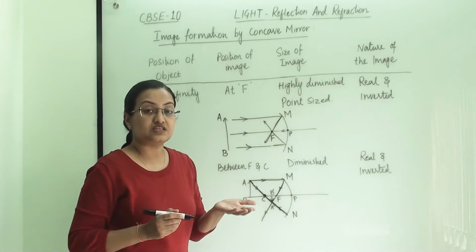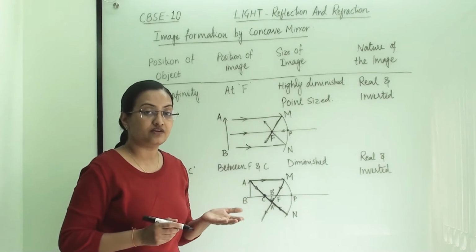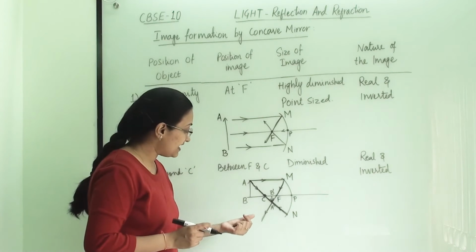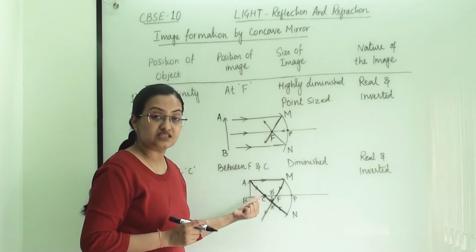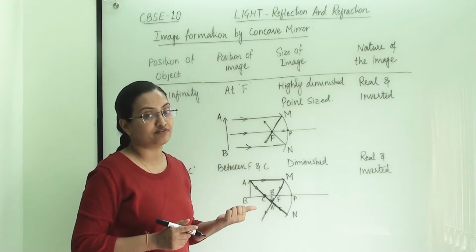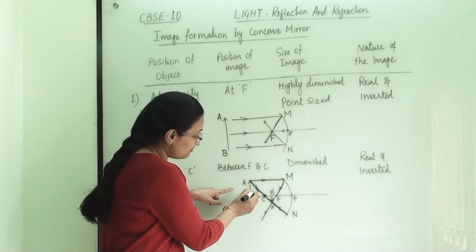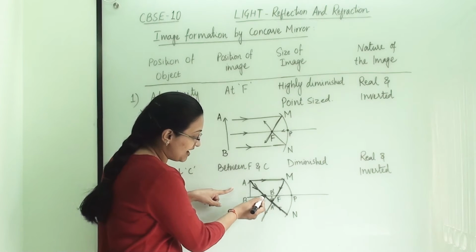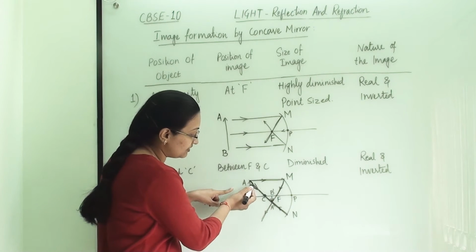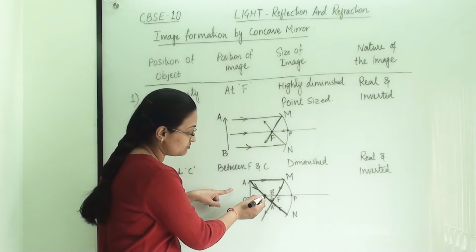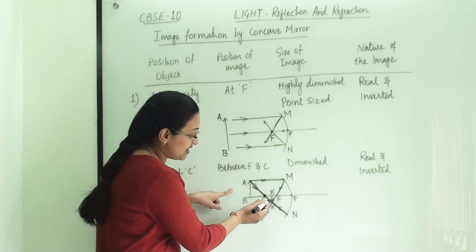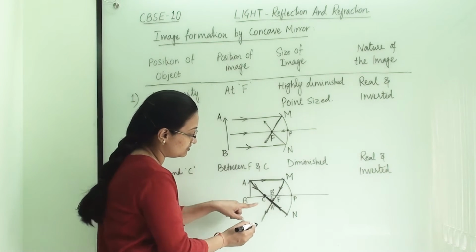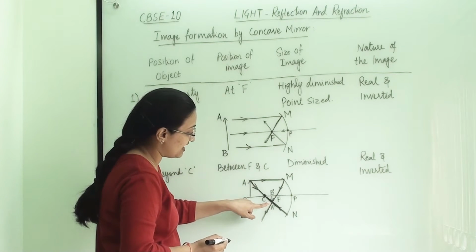Earlier we have seen that wherever the incident ray passes through the center of curvature of the spherical mirror, the path remains the same for the incident ray and reflected ray. So the incident ray which is striking over here will come back along the same path and again pass through C. While it is passing through C, these two rays will cross over here and here.